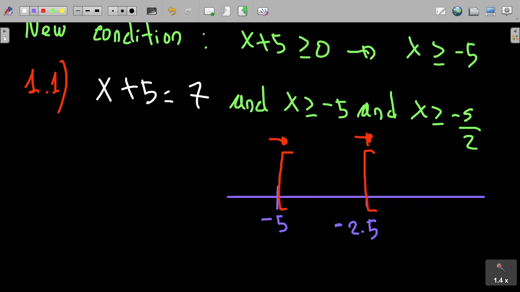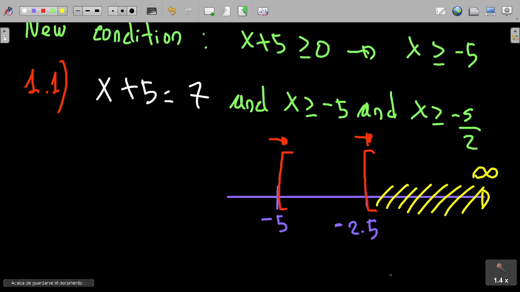So all the numbers that satisfy both conditions are in this range from negative 2.5 until infinity.